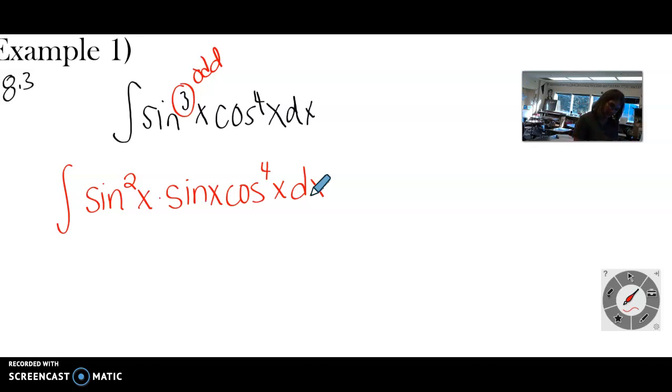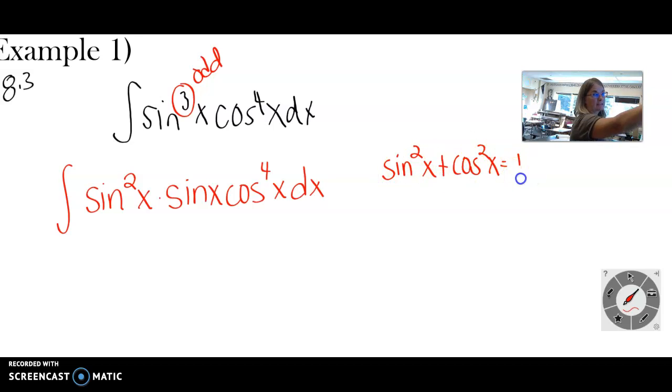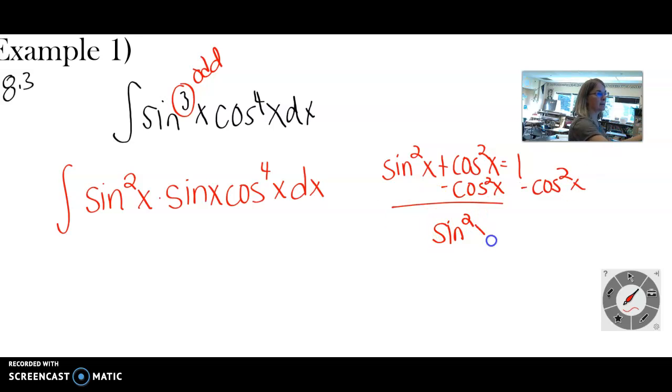But then what we can do with sine squared x, because we have this Pythagorean identity, and it says in the guidelines to convert sine to cosine, if you subtract cosine squared x from both sides of this identity, we get sine squared x equals 1 minus cosine squared x.